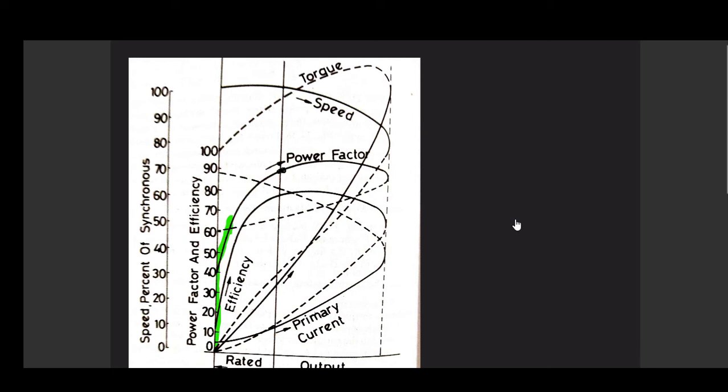So at rated load, the value of power factor is around 90% of its full load, meaning your cos theta will be 0.9. However, you can see that when we reach maximum torque, then our power factor will reduce.